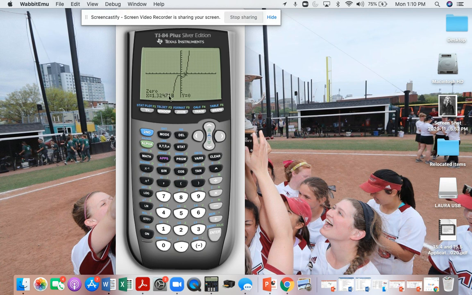That really is the calculator's guess, 1.324718. 1.324718, right? See what I'm saying? Newton's method.